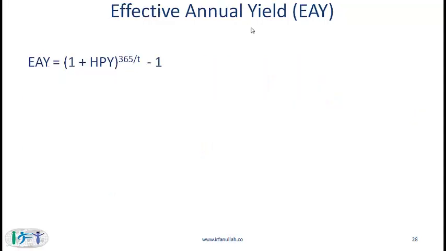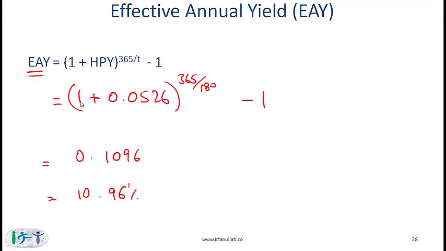And finally, the most precise measure is the effective annual yield, where we take 1 plus the holding period yield. In our example, the effective annual yield is 1 plus the holding period yield raised to the power of 365 over 180, minus 1. So notice that we are compounding now, given that we are using an exponent.